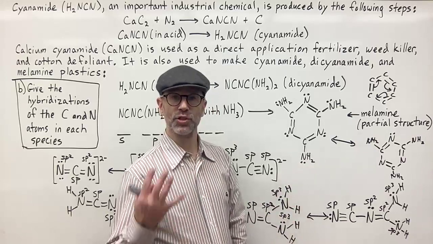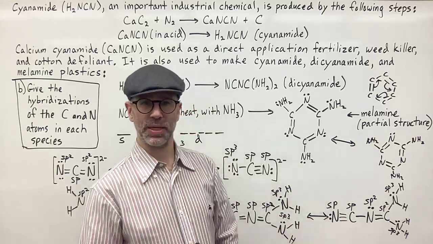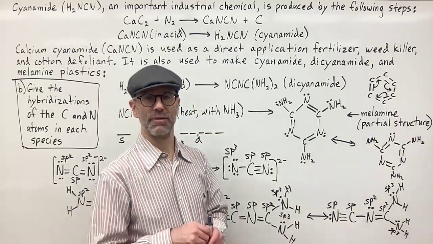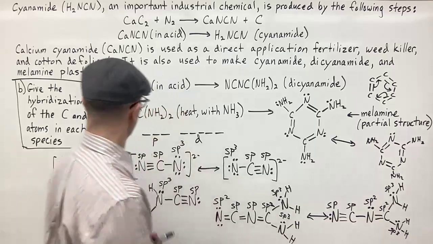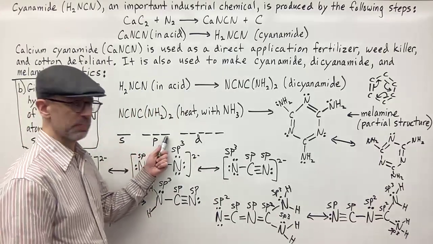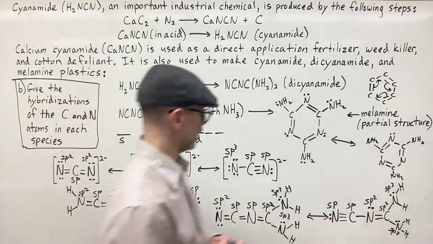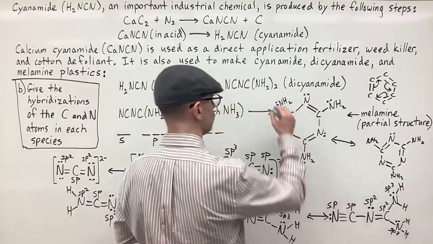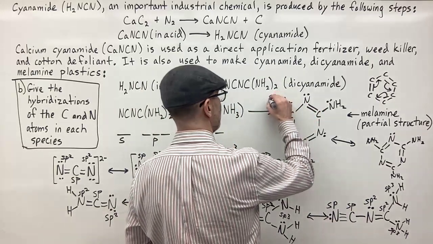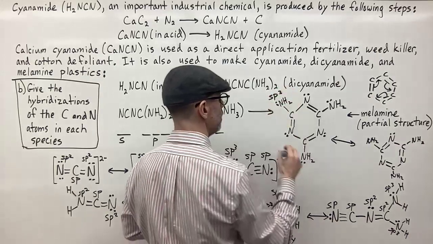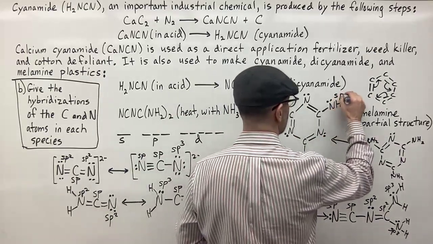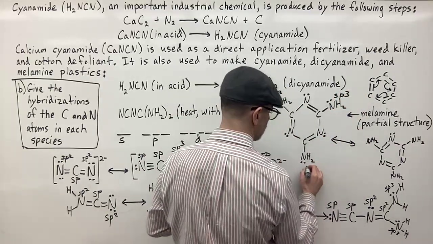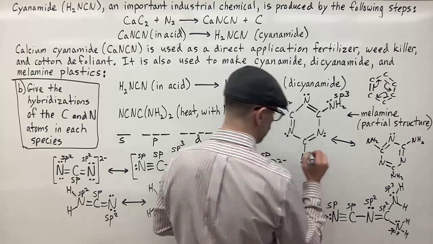So 3 bonds, 1 lone pair, that's sp3 hybridized because it's got 4 total groups. So you need an s, a p, and a p to hybridize to get your sp3 hybridized orbitals. So this is going to be sp3, this is going to be sp3, and this is going to be sp3.